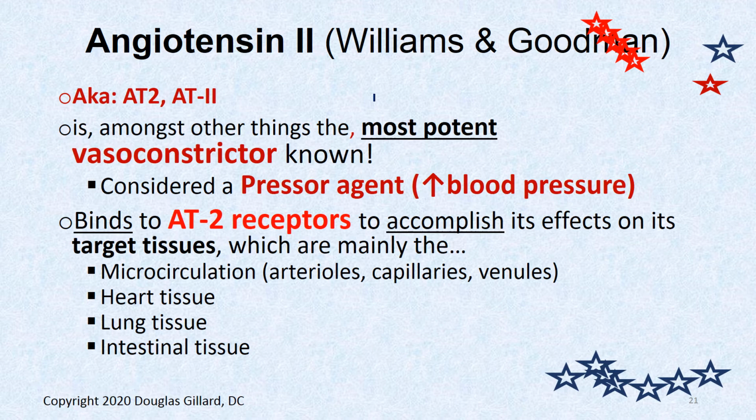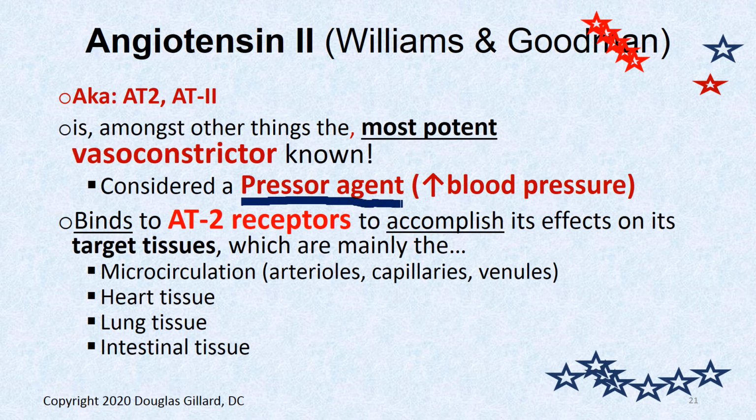Amongst its functions, one of the most impressive is its ability to cause vasoconstriction of the microcirculation. It's a very, very strong, the most potent vasoconstrictive agent. And because it's a vasoconstrictor, it's called a pressor agent.